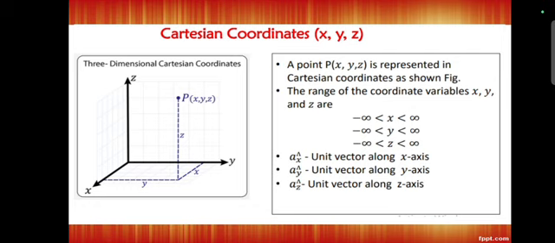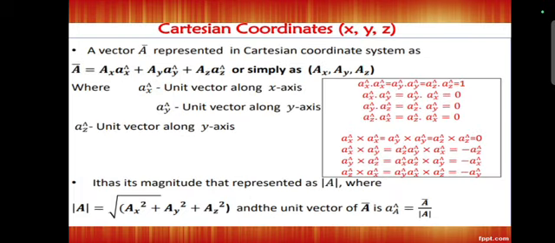That is, P of x, y, z is represented in the Cartesian coordinate system in such a way that x lies between minus infinity to plus infinity, and y lies between minus infinity to plus infinity. Similarly, z is also between minus infinity to plus infinity. The ax vector, ay vector, and az vector are the unit vectors along the x-axis, y-axis, and z-axis. And this is the Cartesian coordinate system.